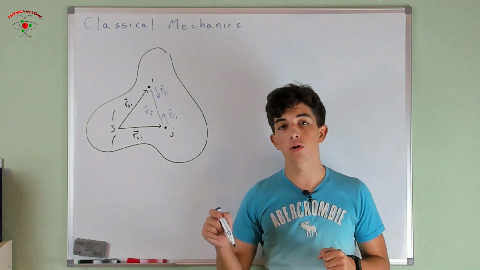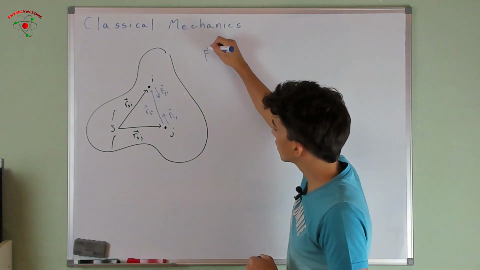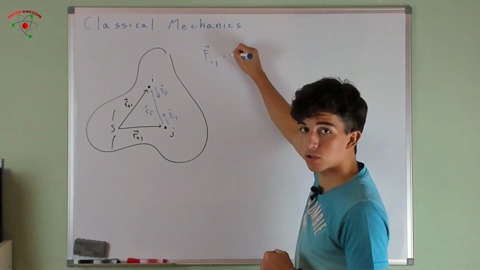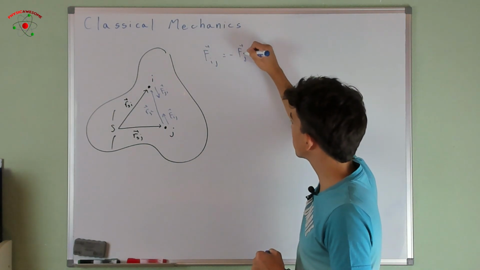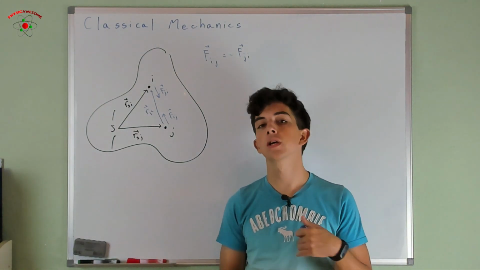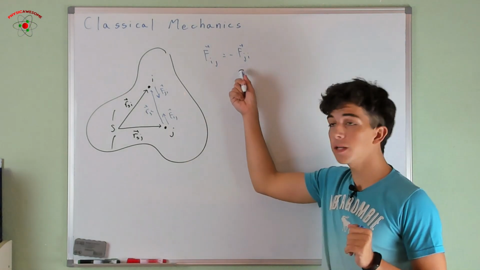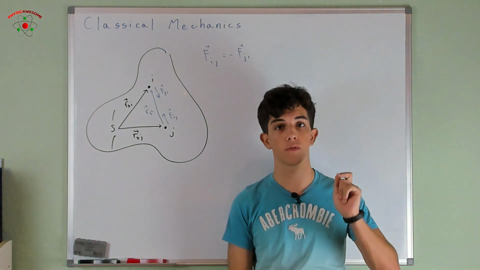So we know from Newton's third law that Fij is going to equal minus Fji because of action-reaction. That's just how it works, and as we saw in our video of Newton's law, this is a manifestation of the conservation of momentum.